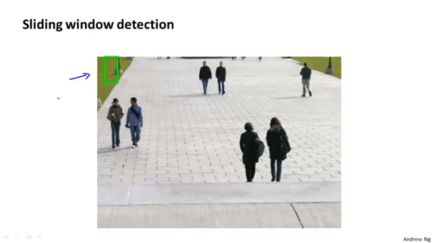And having done that, we then slide the window further to the right and run that patch through the classifier again. The amount by which you shift the rectangle over each time is a parameter that's sometimes called the step size of the parameter, sometimes also called the stride parameter. And if you step this over 1 pixel at a time, so if you use a step size or a stride of 1, that usually performs best, but is more computationally expensive. And so using a step size of maybe 4 pixels at a time or 8 pixels at a time or some large number of pixels might be more common, since you're then moving the rectangle a little bit more each time.